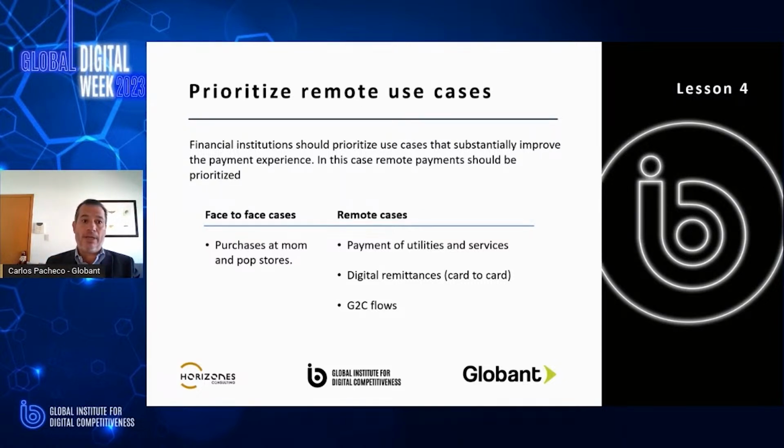The first remote case is payment of utilities and services, typically to the government. Here it is very, very important, because we have to adapt and reduce the frictions of making that payment. We have to make it easy.